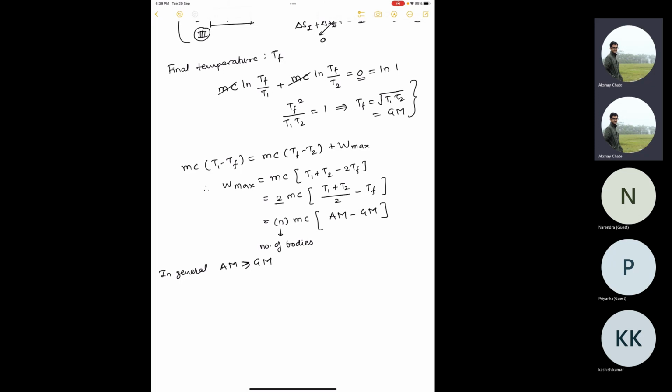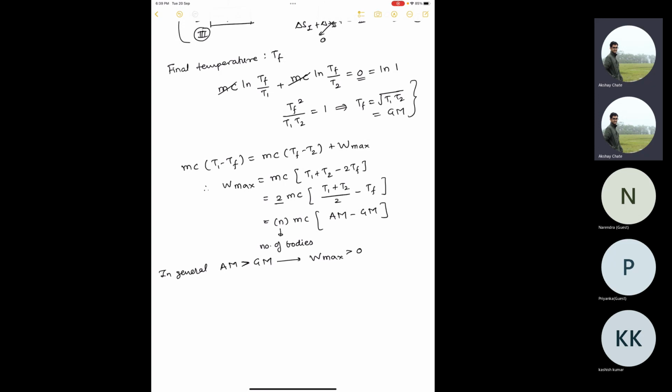Actually, sorry if there is any confusion. But AM is always greater than GM, so arithmetic mean is always greater than geometric mean. So W max will always be greater than or equal to 0. So essentially, you will get some work output. How much will it be? That depends on the actual values of T1 and T2 and MC. So this is one case.